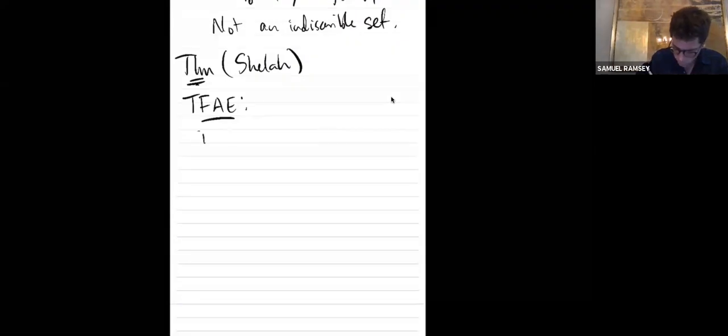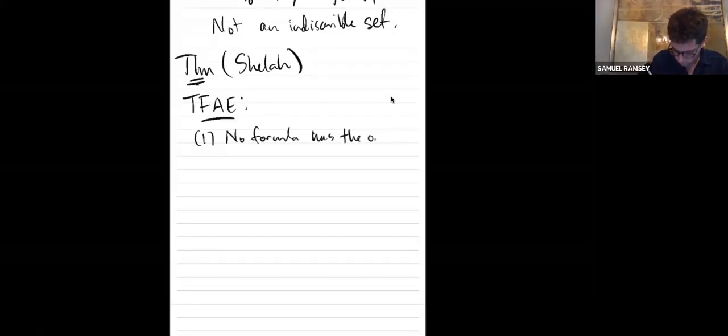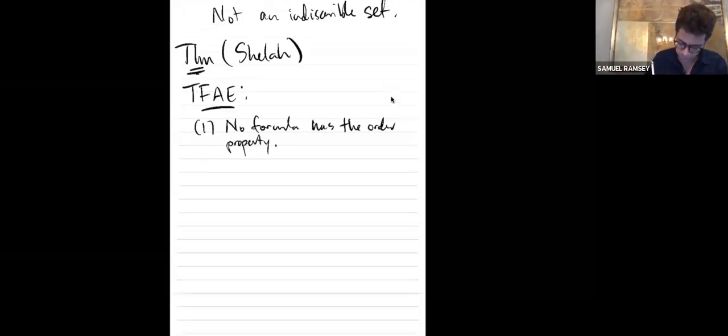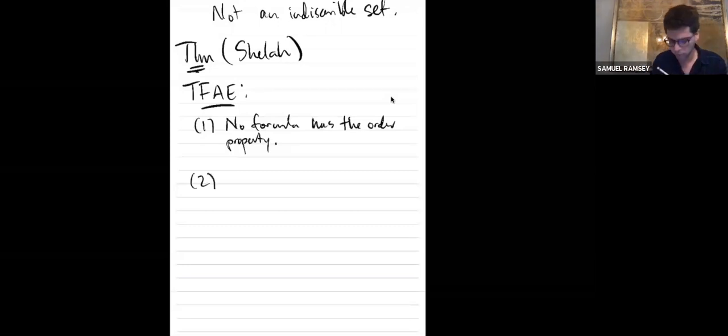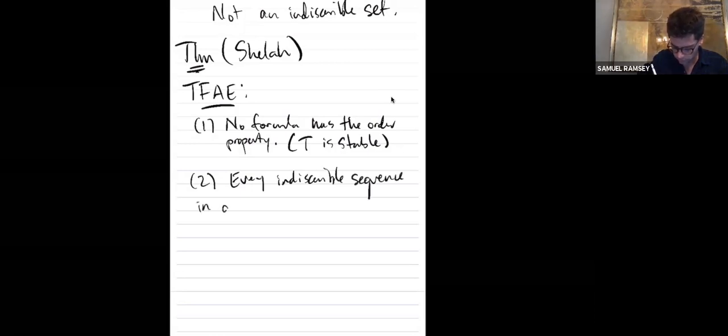One, no formula has the order property modulo T. So recall we're working in some theory T. So this is another way of saying T is stable. And two, every indiscernible sequence in a model of T is an indiscernible set.